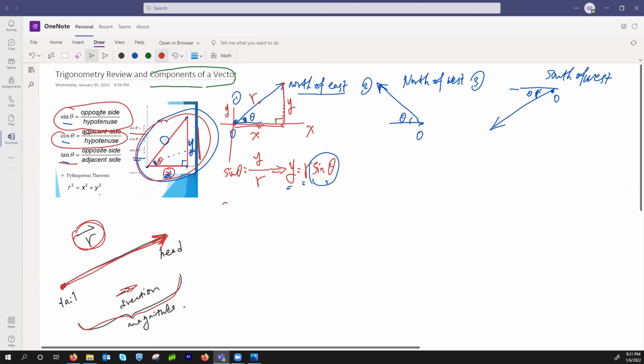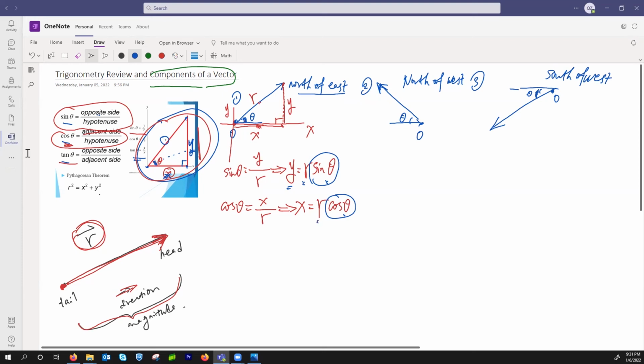What about cosine theta? The second trigonometry function here. Cosine theta, based on the definition, is equal to the adjacent side over the hypotenuse. The adjacent side here is the value x, and the hypotenuse is r. And again, if we multiply both sides by r, we find out x would be equal to r times cosine theta. Again, if you know the value of theta, you can use your calculator to figure out the number for cosine theta.